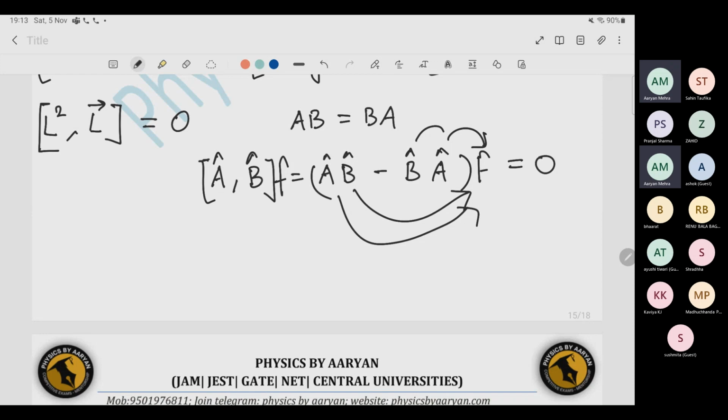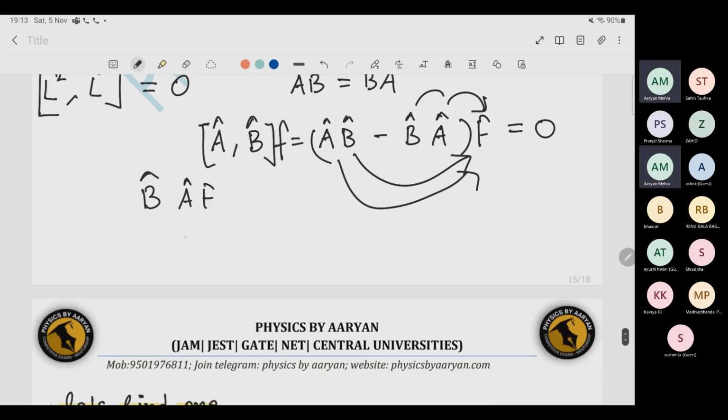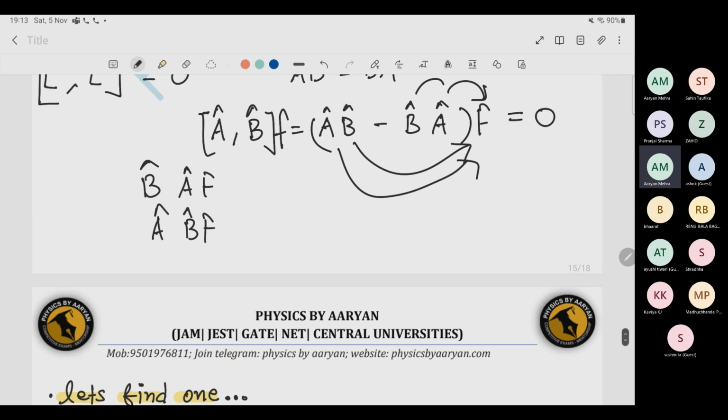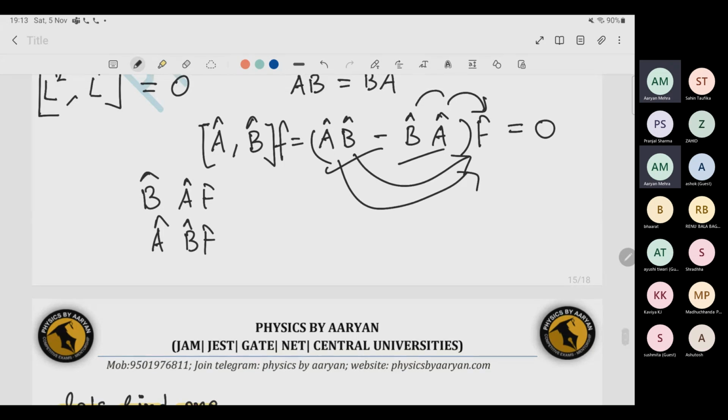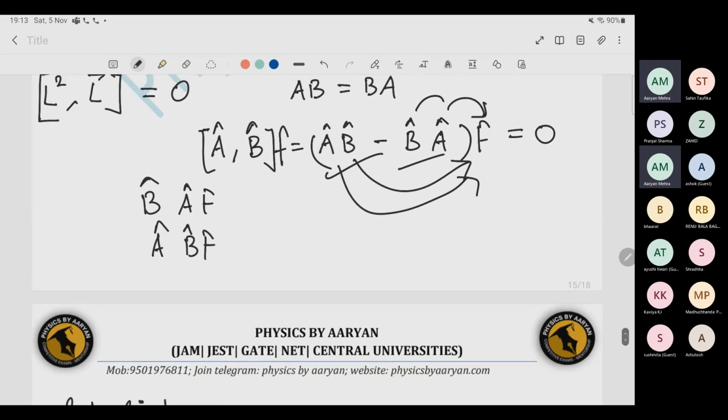It tells you that whether A acts first on F and then B, or B acts first on F and then A, you get the same answer. Only then will you get a 0 answer. So for your system, it does not matter whether A is acting first or B is acting first.